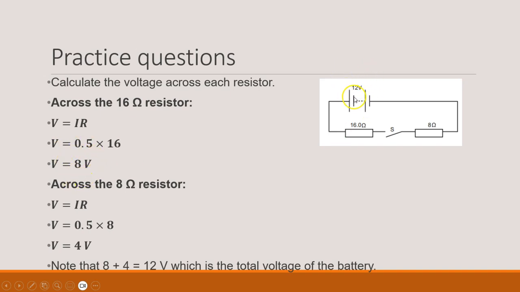So the total voltage is 12 volts, and that's going to be equal to the voltage across this resistor, which is 8 volts, plus the voltage across this resistor, which is unknown. So we can calculate the voltage across this resistor by simply saying 12 minus 8, and that gives us 4 volts.